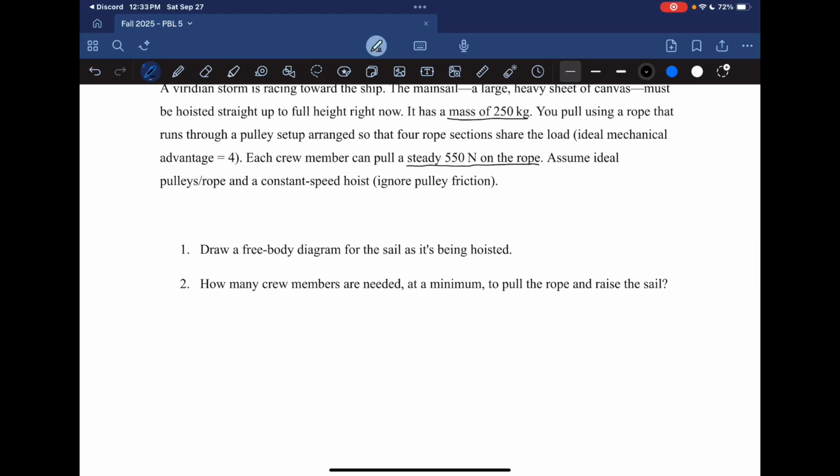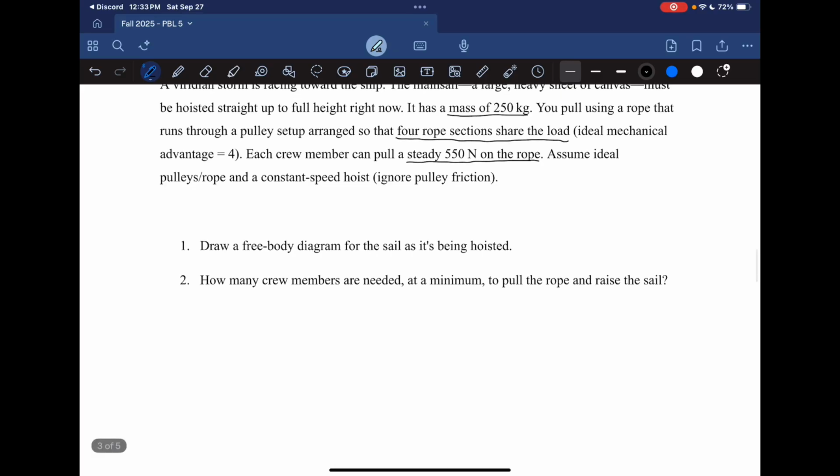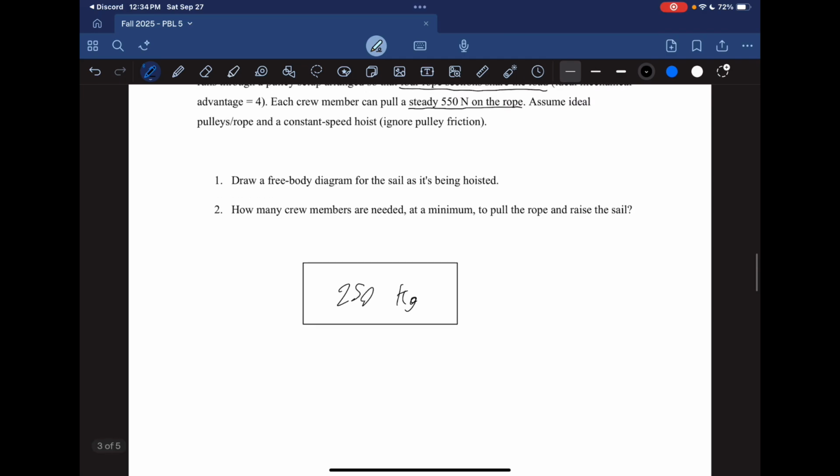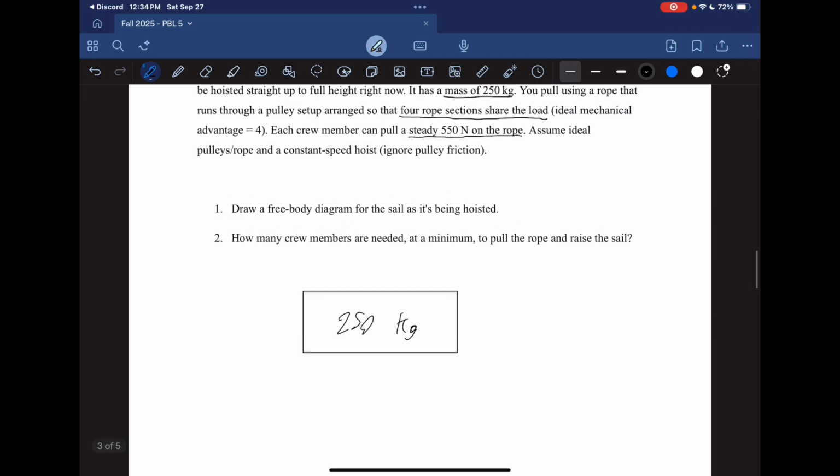The pulley setup is arranged so that 4 rope sections share the load. So here's our sail, and it is 250 kilograms. And if 4 rope sections share the load, that means we have 4 pulleys.